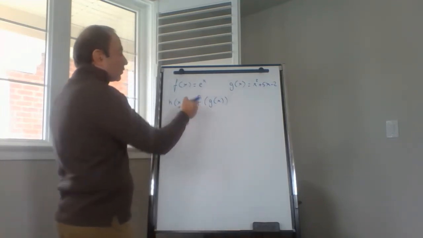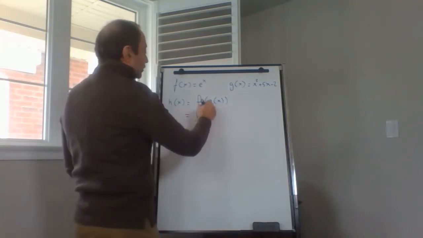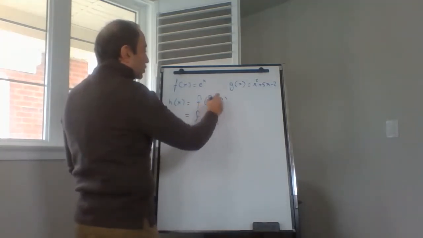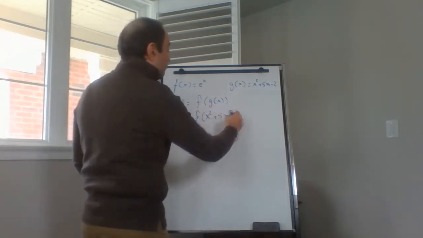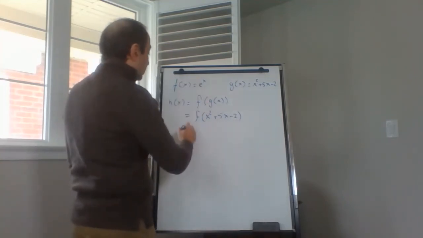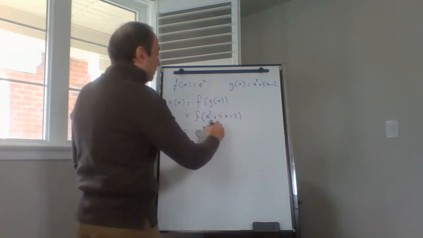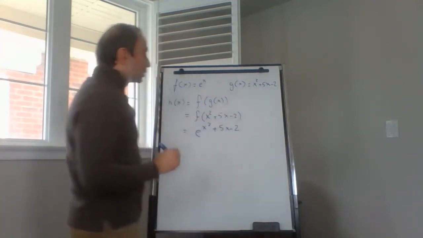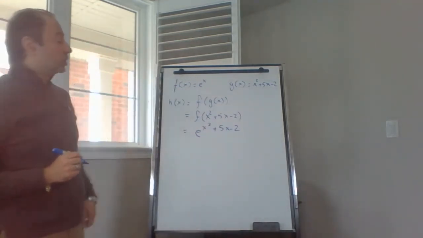As I told you before when we studied this in advanced functions, we start from inside out. So I will take g of x and put what it equals, x squared plus 5x minus 2. Then I will substitute this in the original function. So I need to find f of this. So that will be e. Instead of x, I will put whatever is between the brackets.